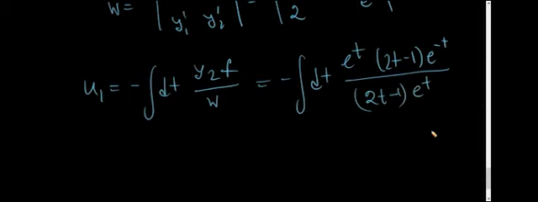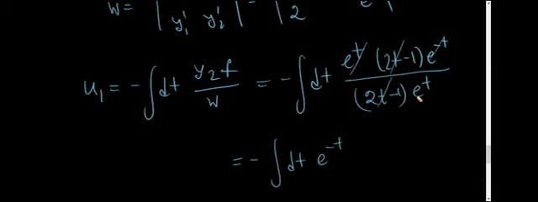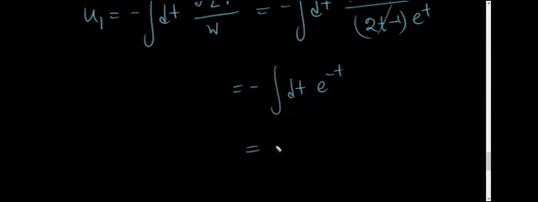Now if you integrate this whole thing, there will be a minus over here. The 2t minus 1 terms cancel out, and it will be e to the power minus t because there is an e to the power t in the denominator. Now you just integrate, and this is just e to the power minus t. One of the minus signs will cancel the minus sign in front, and again we are ignoring the constants.